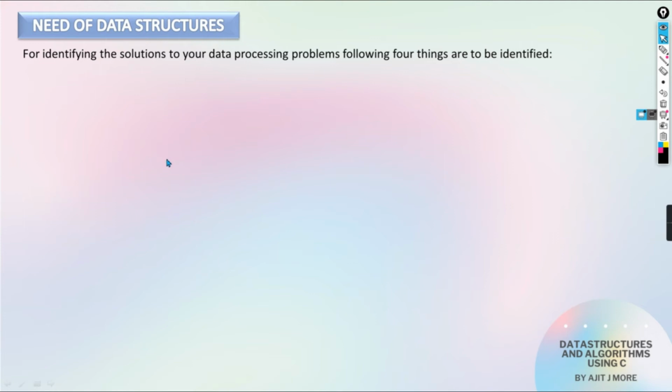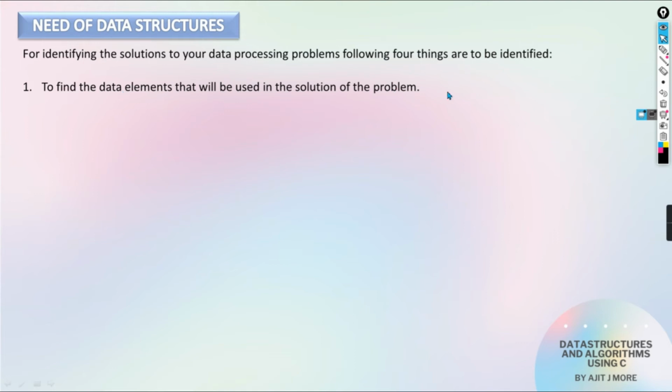Getting it? So the first thing you identify is the data elements, the ones that will be used in your solution of that data processing problem. Whatever your data processing problem is, ultimately you're going to write a program, a solution for it. But in that solution, what data elements you're going to process, that you identify first.